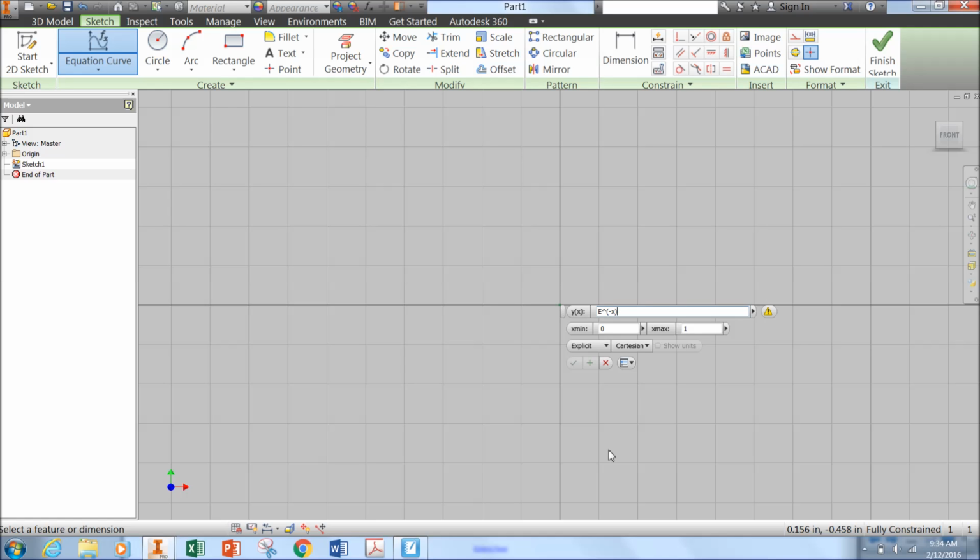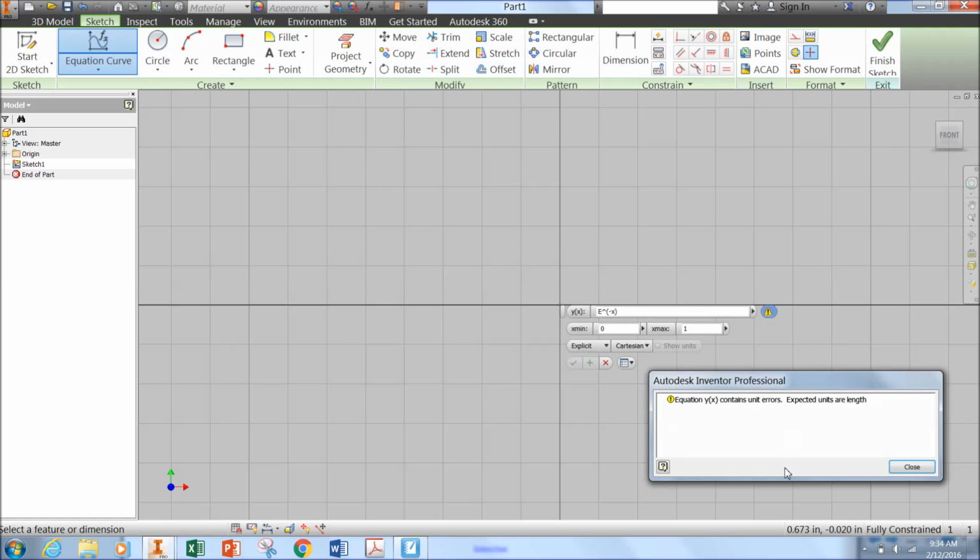From our functions, prefixes, and algebraic operators cheat sheet, we see that Euler's constant lowercase e must be entered as a capital E. But also notice the warning triangle that popped up. Clicking on this shows that Inventor is looking for units. The easiest way to define a unit for x is to divide by 1 with a specific unit attached.